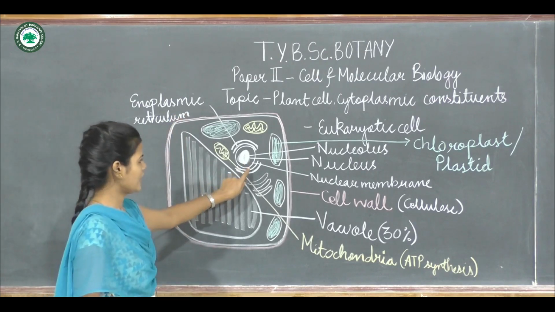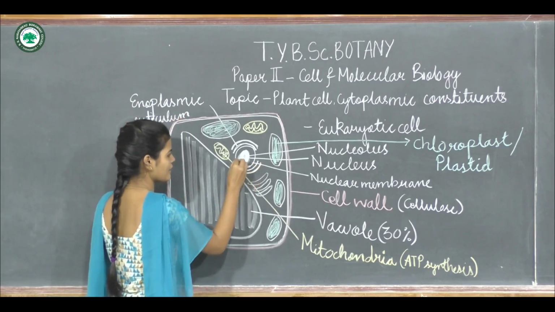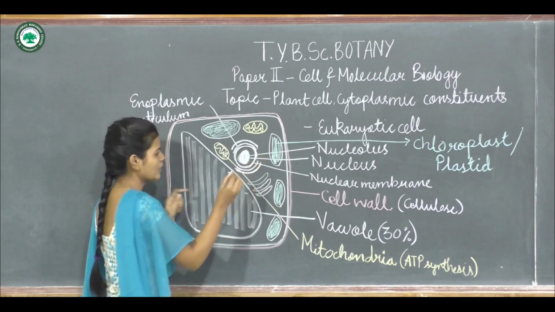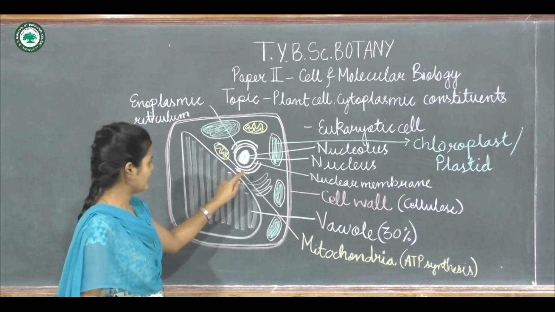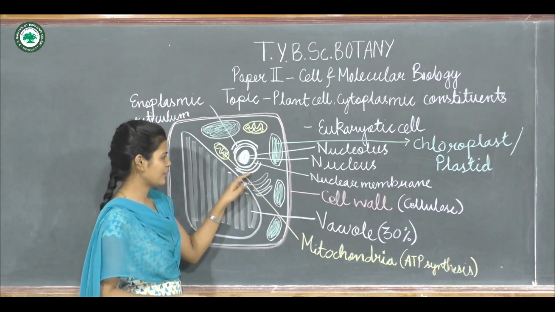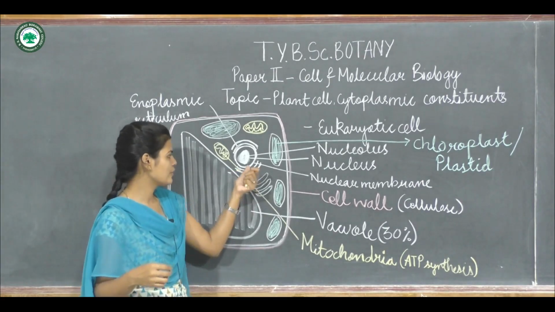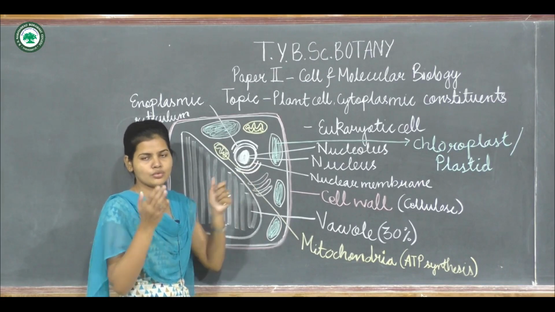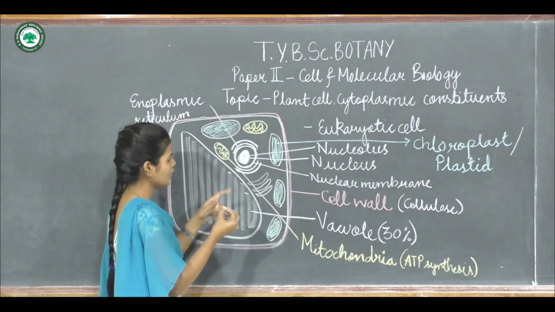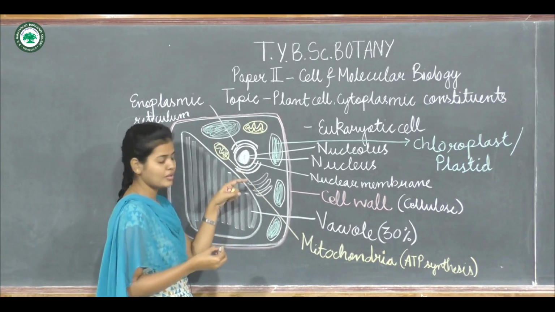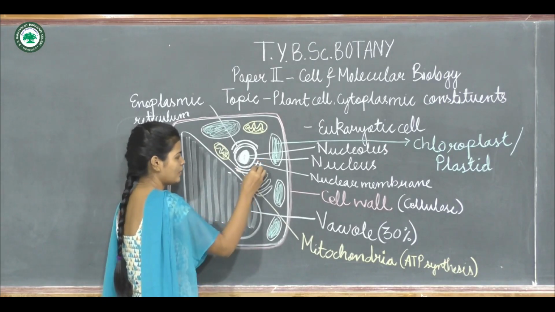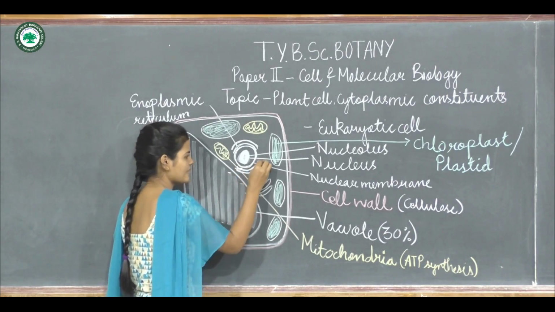So this is the nuclear membrane, and after that there is a presence of endoplasmic reticulum. The nuclear membrane is a two membrane structure. So the outer membrane of the nuclear membrane is in continuation with the ER. Now, so this is the ER.